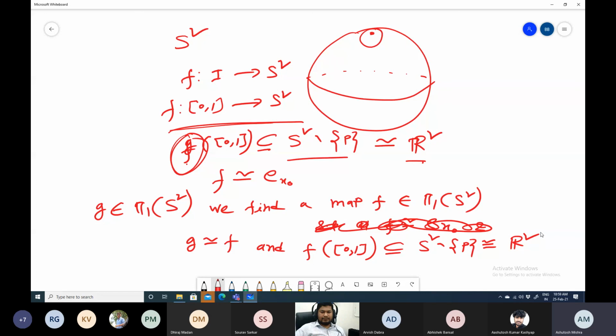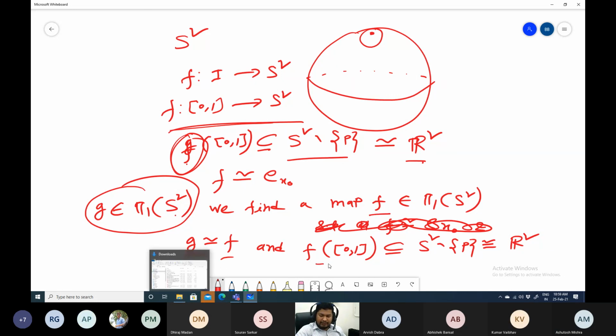Sir, g is homotopic to identity. Okay. What we'll prove now is that if we have any path g in S2, then we will find another map f such that g is homotopic to f and the image of f is properly contained in this set, and that will imply f is homotopic to the identity.